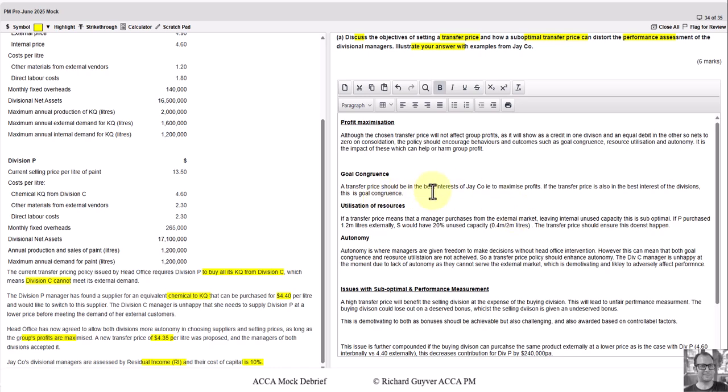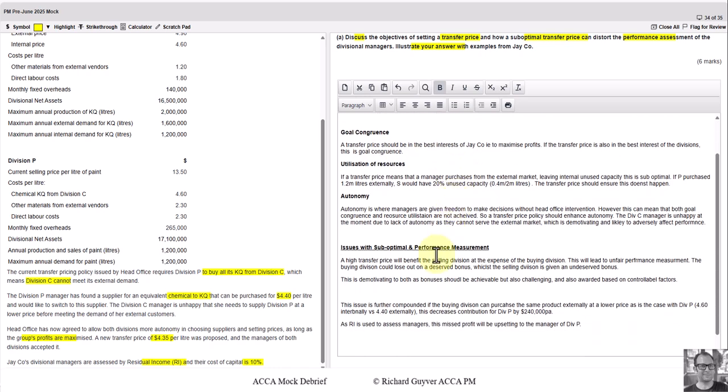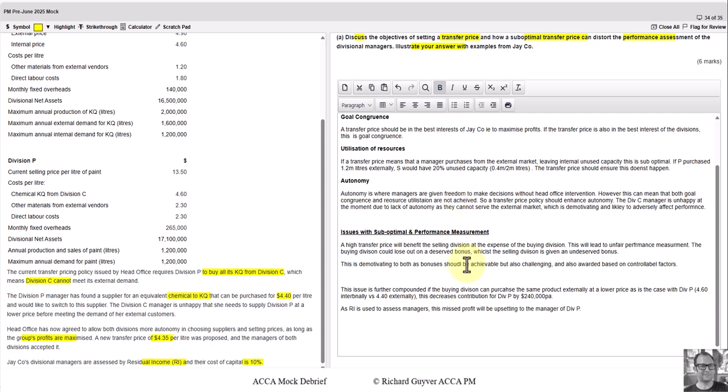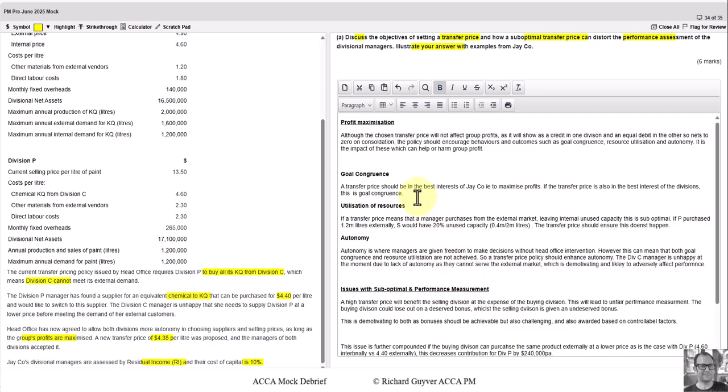I did toy with the idea of just making up an example that was relevant, but then I was looking at my marks and I felt this was a mark, this was a mark, these two are marks, this was a mark. So I thought I was probably close enough. I think I probably got 6, maybe only 5, but I was also running out of time. If I'd had another minute or two, then I'd probably try and put another sentence in there just to guarantee I get that mark.